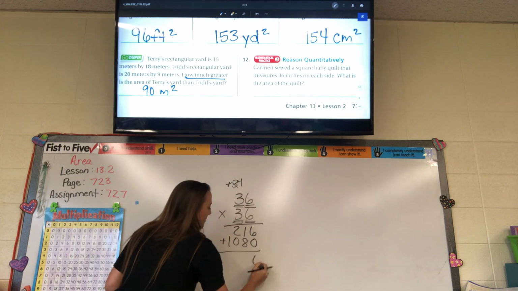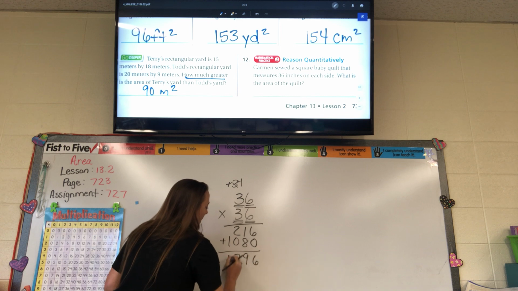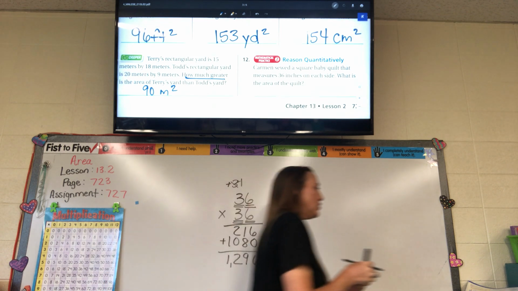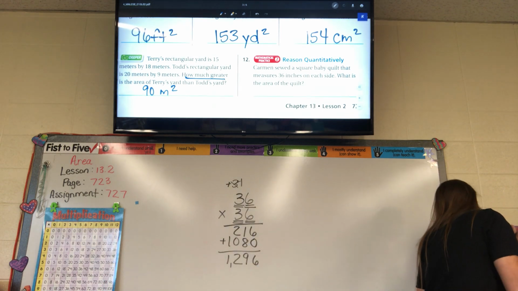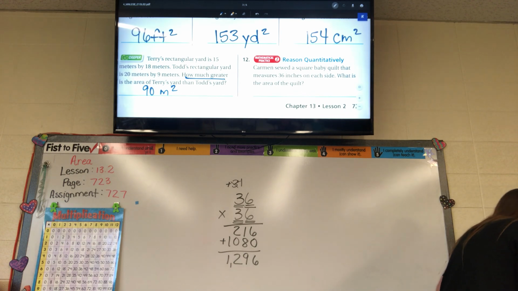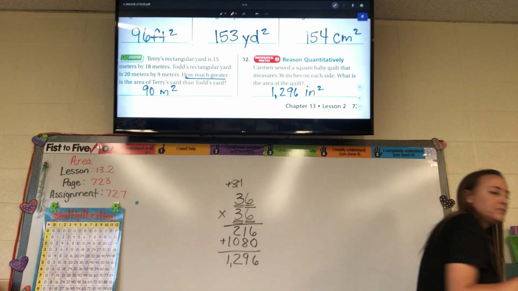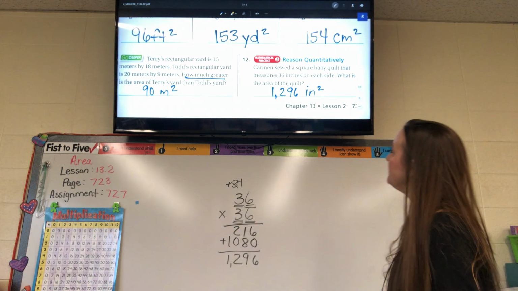So then we stack them and add them, and we get 1,296 square inches. 1,296 inches squared, or square inches.